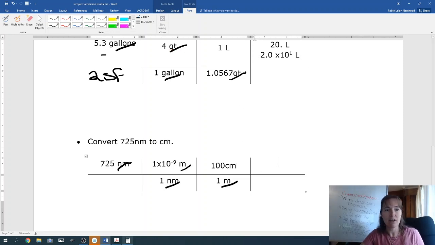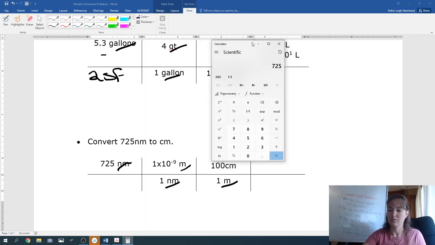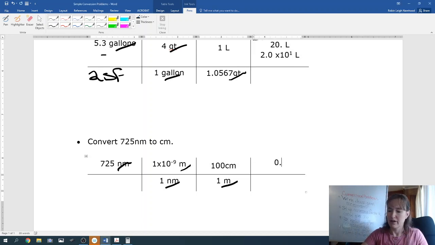So we have 725 times 1 exponent negative 9 times 100. And so we end up with 0.0000725. So we have a decimal and then 4 zeros and then 725 centimeters.